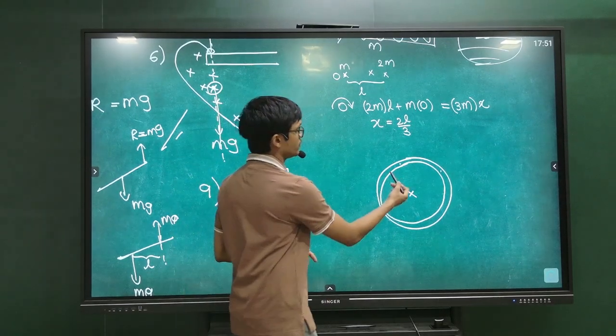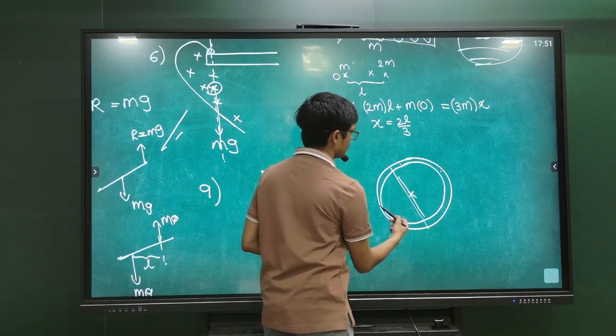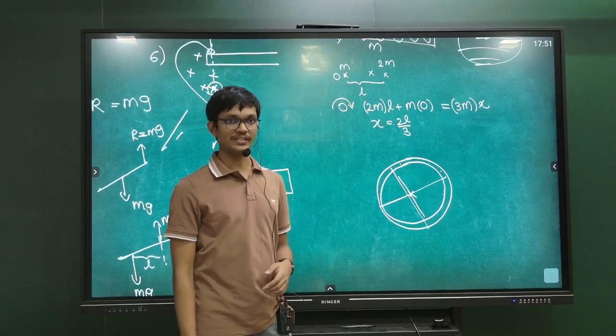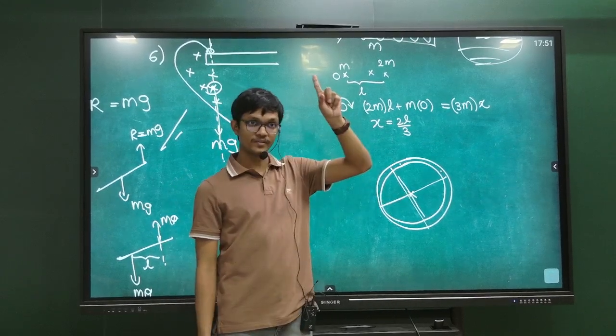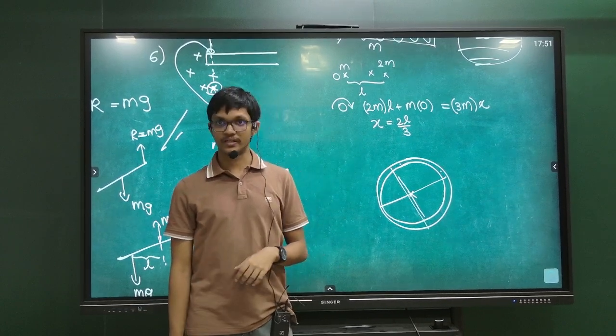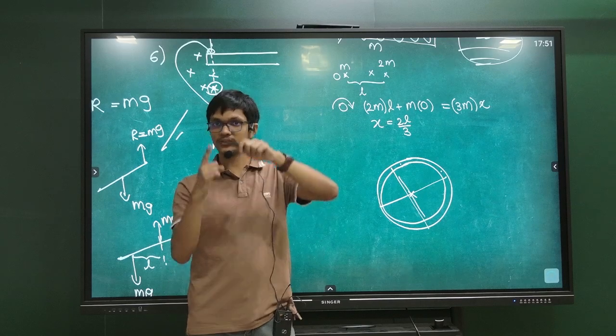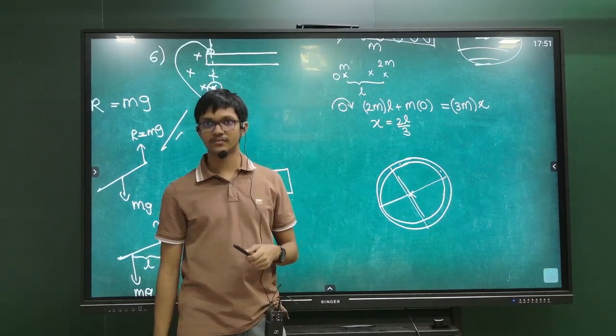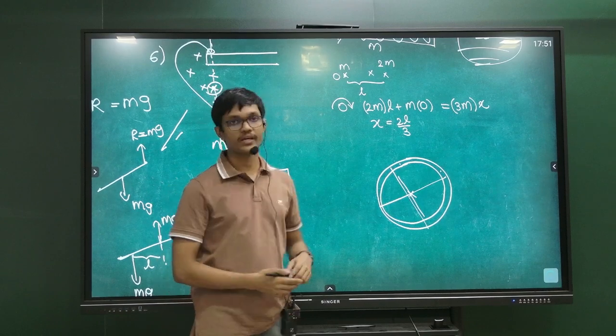If you can connect two strings like this, and place your finger here, then it will be balanced. Otherwise you can't balance it like this. So the center of gravity can be anywhere.